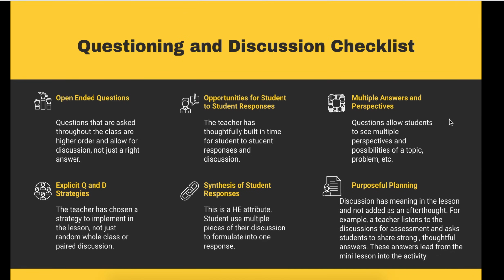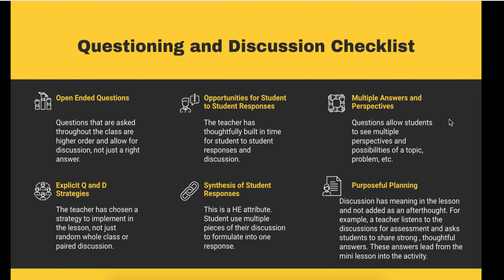But there is definitely thought put into the lesson for students to engage, to think, to discuss, to question throughout the lesson. It's not just an afterthought. It has purpose. A think, pair, share, a turn and talk, something as easy as that, all the way up to something difficult like a gallery walk or a Socratic seminar. There's an explicit strategy that's been planned for.